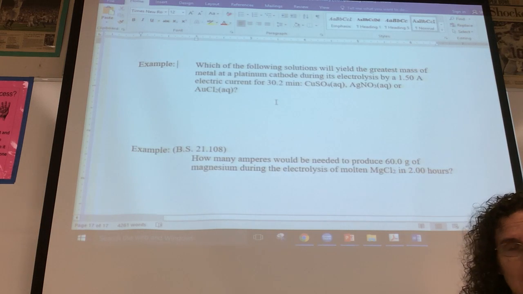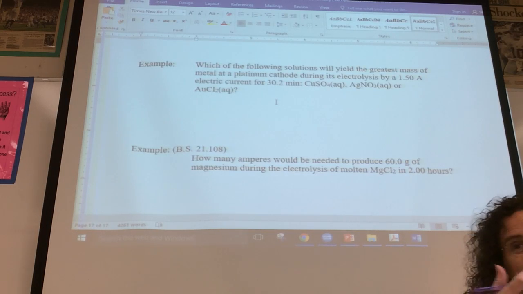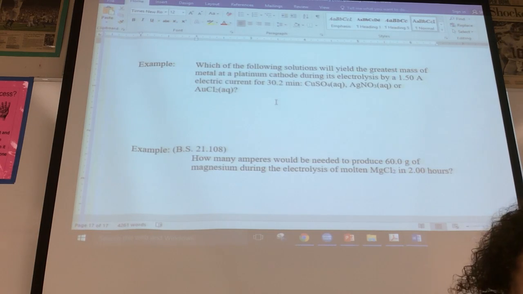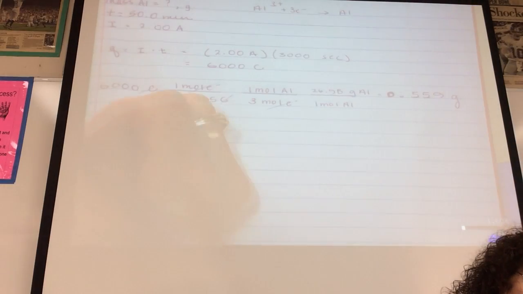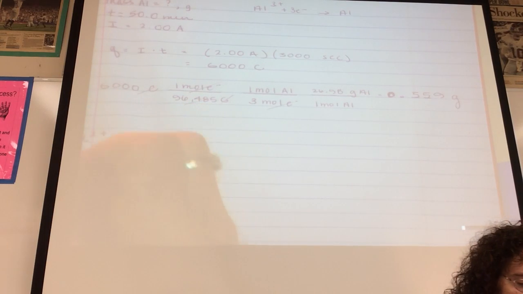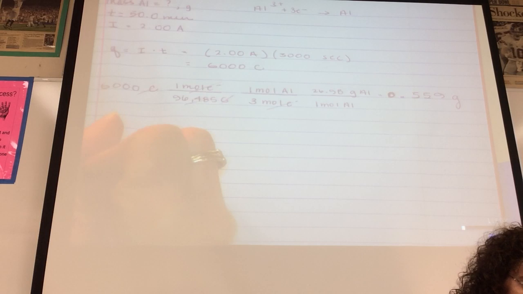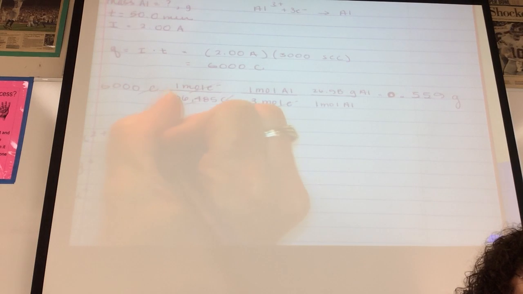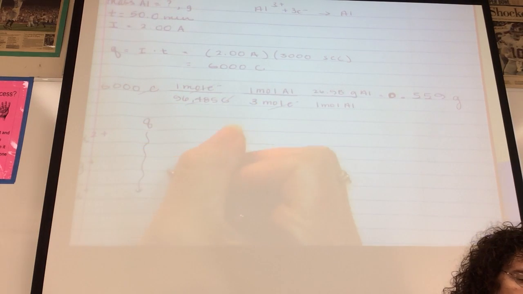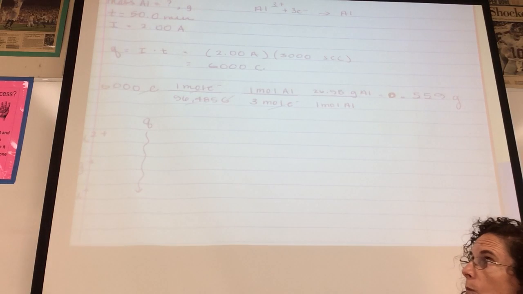So the Q is the same for all of them, right? Why? Because you have the same current and the same time. So the Q is the same for all of these. And you've got copper 2 plus, because you have copper 2 sulfate, silver nitrate, and you've got gold 2 plus, because you have gold 2 chloride. And the Qs are all the same.